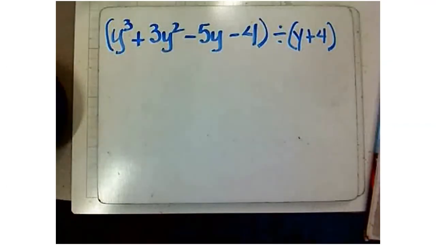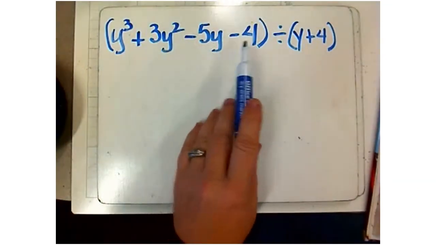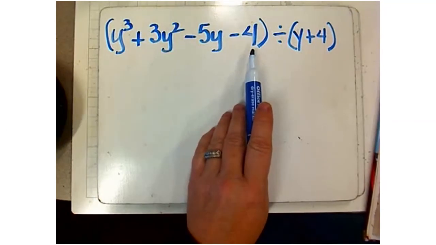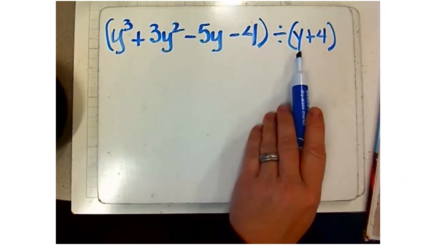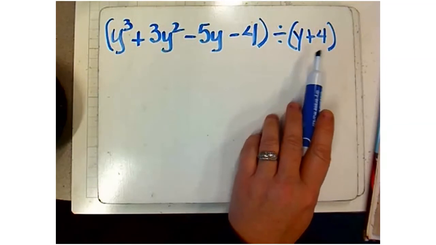Again, read it carefully: y to the third plus 3y squared minus 5y minus 4 divided by the quantity of y plus 4.